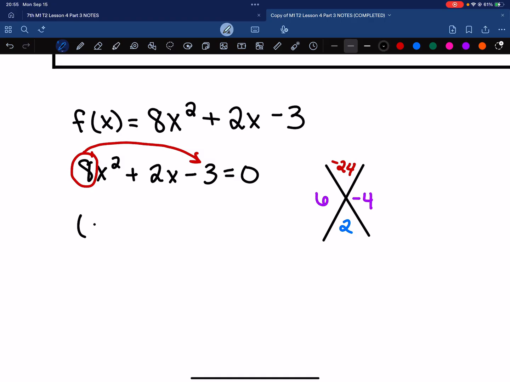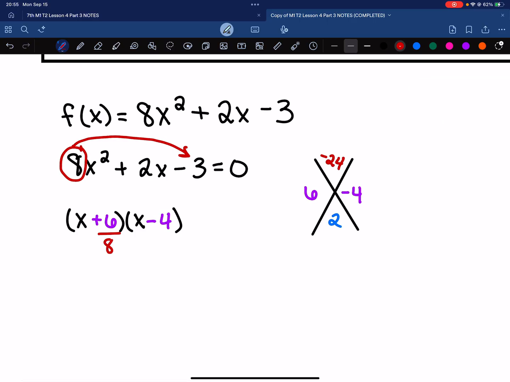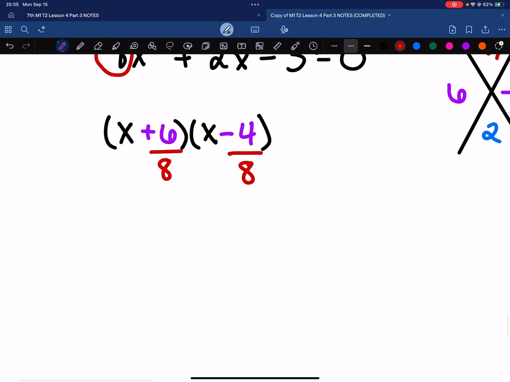And so we get the factors of x plus 6 and x minus 4. But that doesn't equal what we started with, so we got to make sure that we do the slide and then the divide. So we simplify this. 6 over 8 simplifies to 3 over 4.